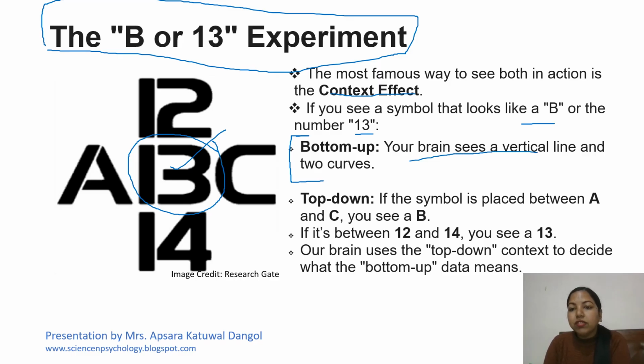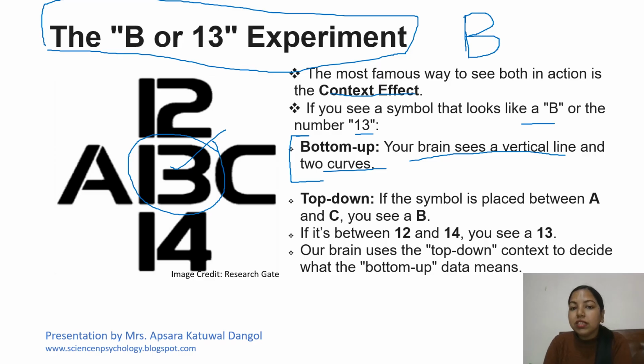Our brain sees a vertical line and two curves. If I don't know what B is for the first time, do you know how we teach students who are just going into primary group or PG group and nursery group? Firstly, to write B, we ask them to write the standing line and then we tell them to write the two curves.